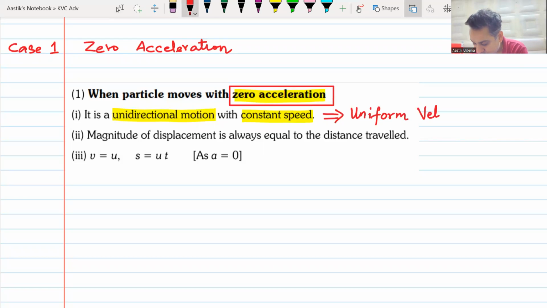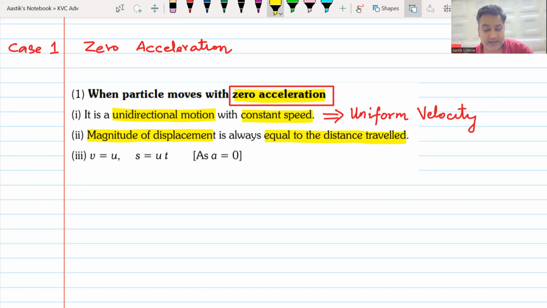Yes or no? Yes, sir. The velocity of the particle will be uniform. It will be keeping on moving in the same straight line, not turning anywhere, not turning left, not turning right, not coming back. So, in this case, the magnitude of displacement will be equal to the distance traveled.